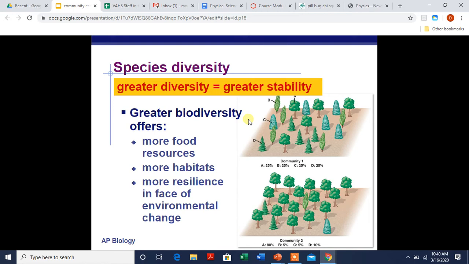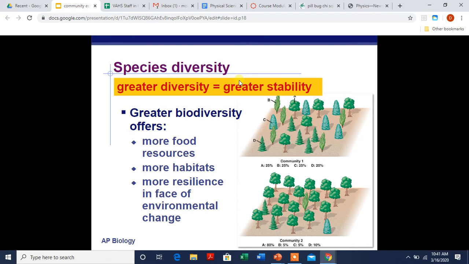Species diversity, though, can be measured in two different ways, and one is called species richness. Now, species richness is just what is the number of different species in this given area.